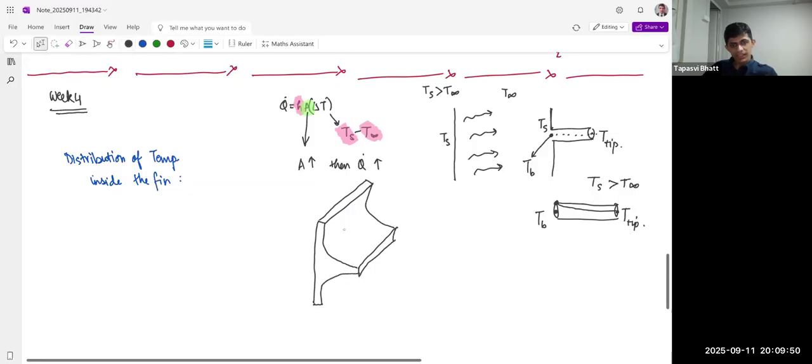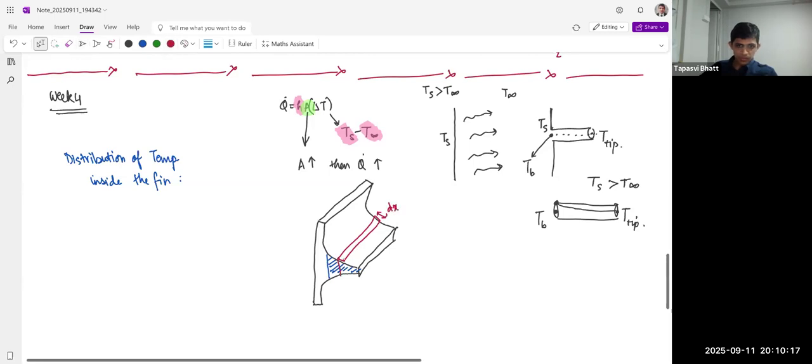Let's say this is the fin which we are talking about. This extended area. So how do they actually end up calculating the distribution of temperature? They take a very small portion of this fin, of let's say dx length.